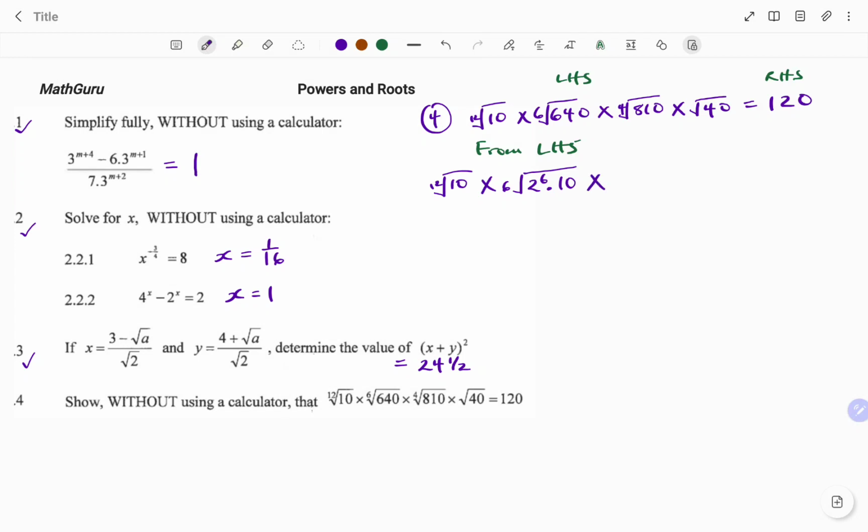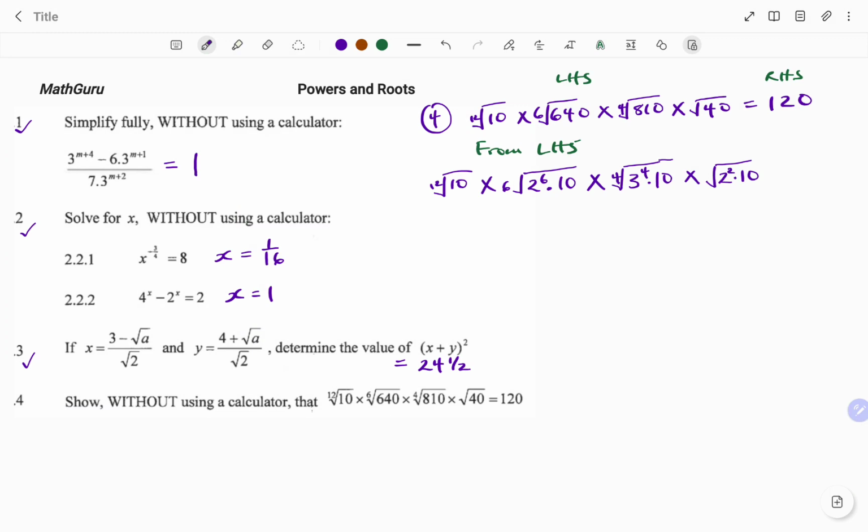I have times, I'm going to change 810. 810 will be the 4th root of 3 to the power of 4 times 10, times the square root of 2 squared times 10. That way it's easier for me to change my surd form into index form.